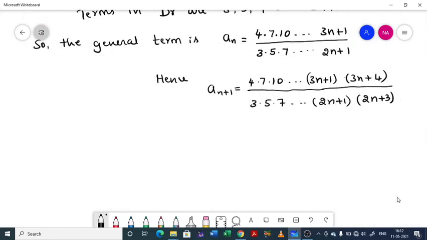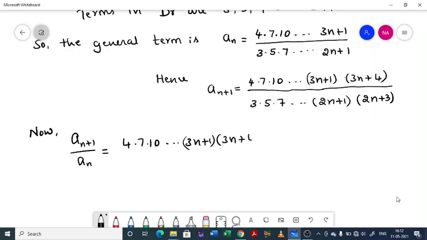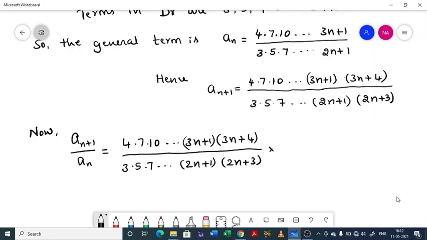Now we need to compute the ratio. Now an plus 1 divided by an equal to, an plus 1 is 4 into 7 into 10 and so on, 3n plus 1 into 3n plus 4 divided by 3 into 5 into 7 and so on, 2n plus 1, 2n plus 3, times, see, 1 by an I will write here. 1 by an means you have to write it in reverse order, numerator and denominator upside down.